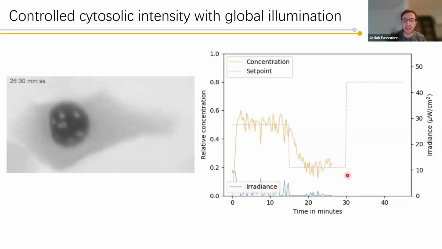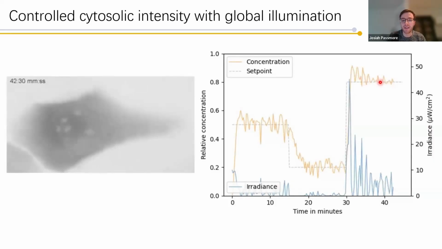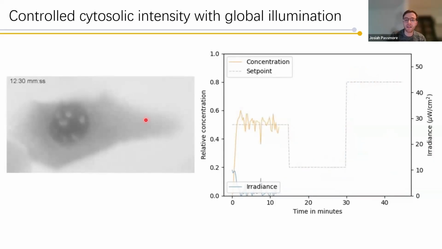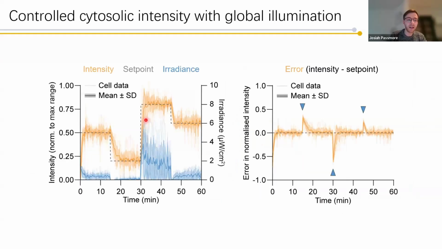And you can see that when you need to bump up your intensity, then you just bump up the LED power. And again, if we control many cells and look at the averages, we could really control the cytosol intensity using global illumination with quite high precision. So we're able to guide cells to these various different set points with really minimal error, except of course at these transition points.